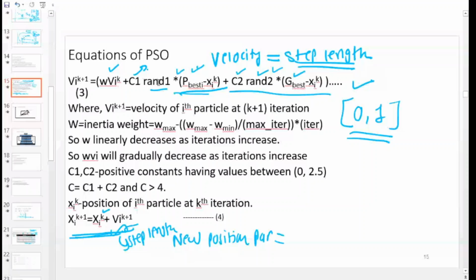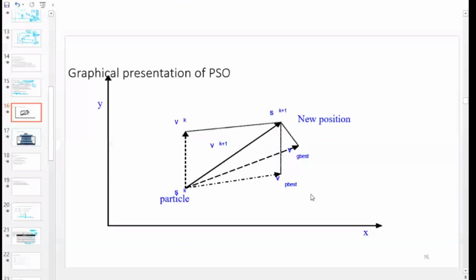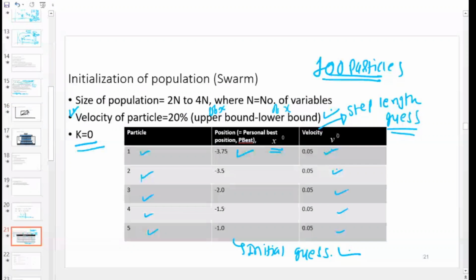So this random number determines the degree of pulling of the current position with respect to the personal best position. And as randomization is introduced, such methods, the PSO method, are called heuristic methods, or rather metaheuristic methods. Why metaheuristic?